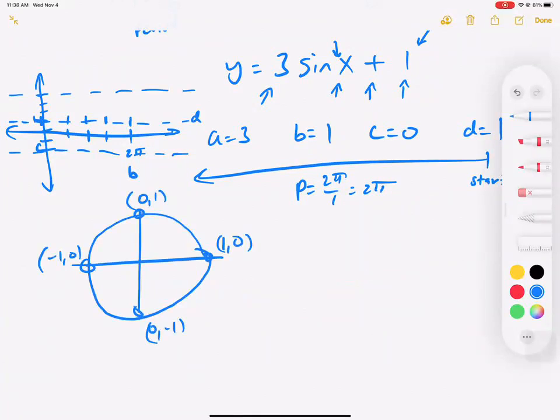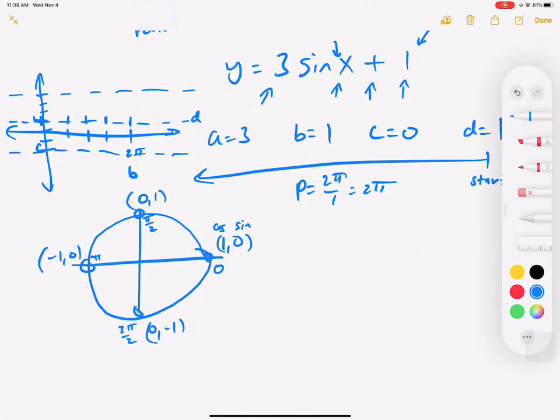Now, why did I bring up the unit circle? Well, if you remember, sine and cosine were part of that unit circle. And we mentioned before that the sine value is our y value, and our cosine value is our x value. So at 0 degrees, at pi over 2, at pi, and 3 pi over 2, these actually relate to all the markings that we just drew.